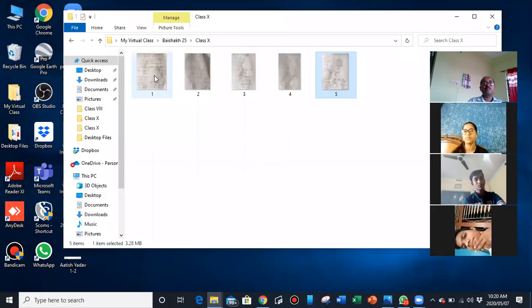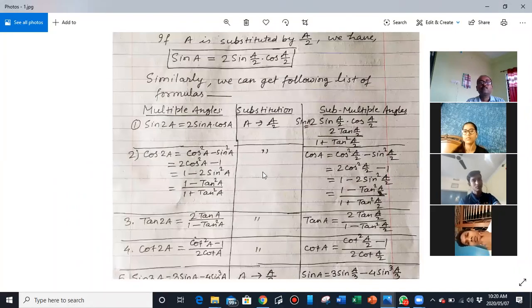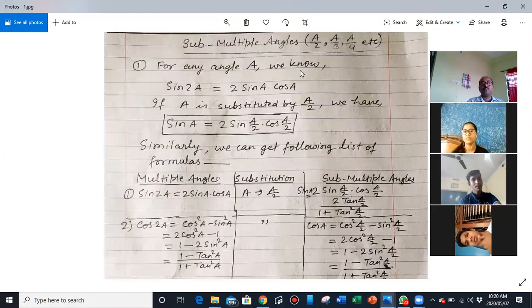Now let us begin today's work. Submultiple: the previous set of formulas were for multiple angles. Suppose A is any angle, then twice of A, thrice of A, or 4 times of A are called multiples of A, or maybe B, any angle.